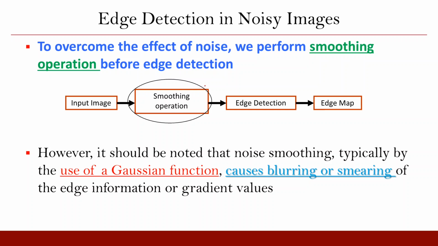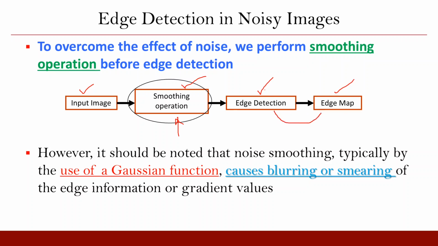So if your image has noise, you first smooth your image using some smoothing operator, and after that you perform edge detection. For any given image, first you apply a smoothing operation, and on the filtered image you get, you perform the edge detection and then get the edge map.